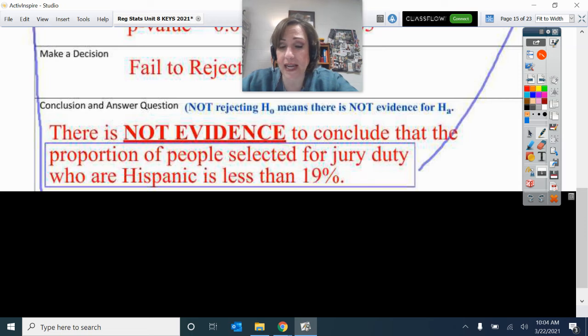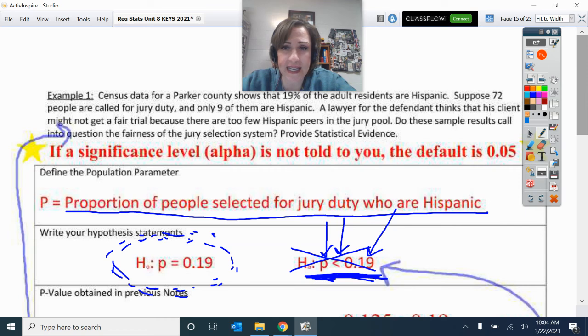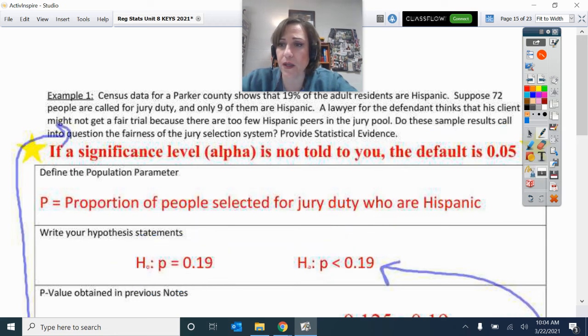Now, I always like to stop, think, and double check. At this point, I go check to see if there was another question I needed to answer. So I go up and reread, and it says, do these sample results call into question the fairness of the jury selection system? Well, what do you think?